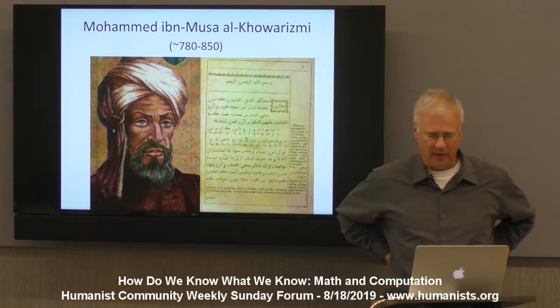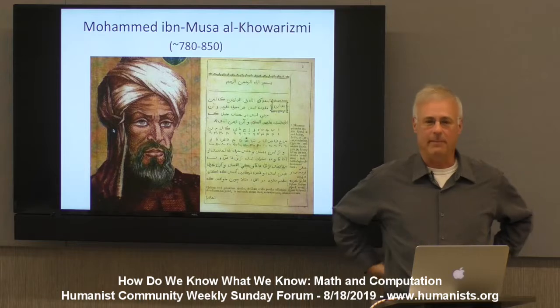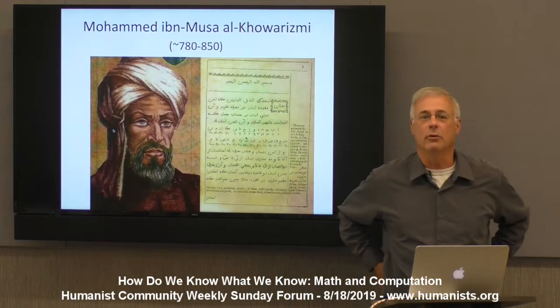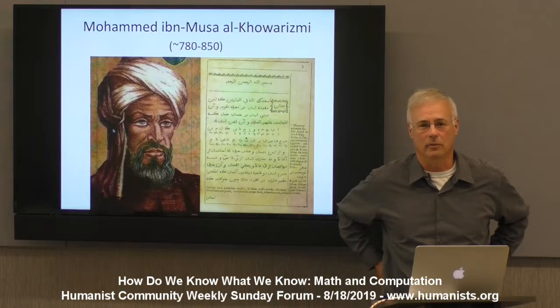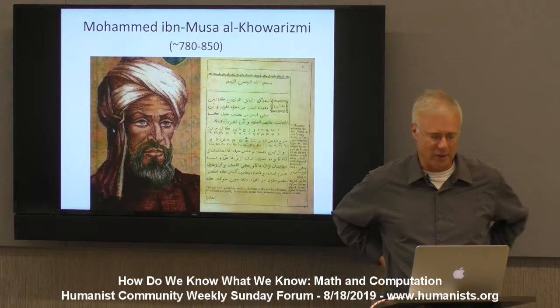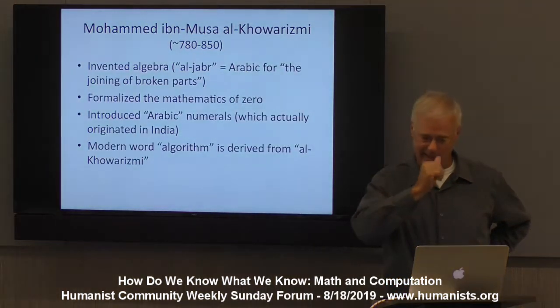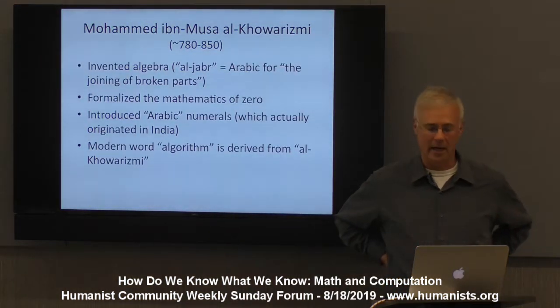He was an Arabic mathematician who, among other achievements, invented and first wrote down the rules of algebra. And in fact, we get our name for algebra from the Arabic word al-jabar, which means the joining of broken parts.